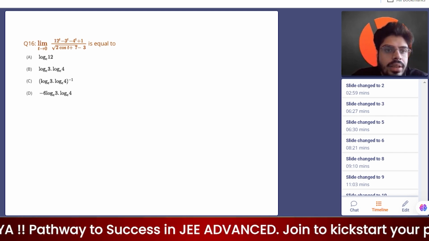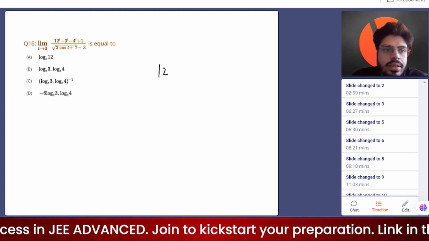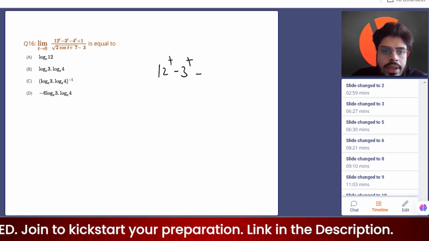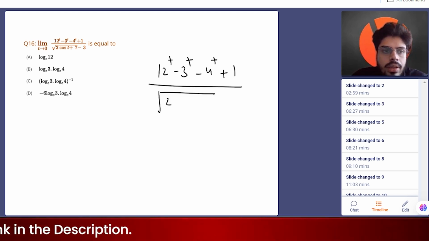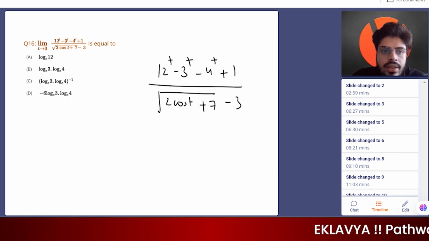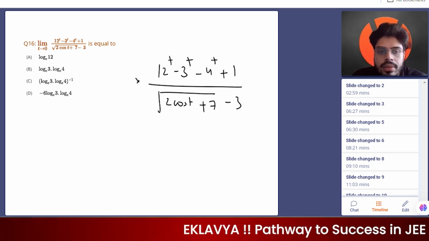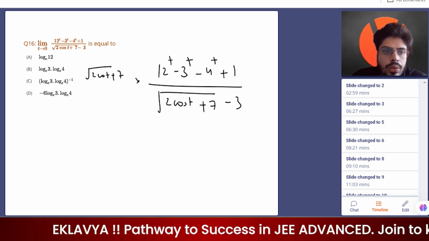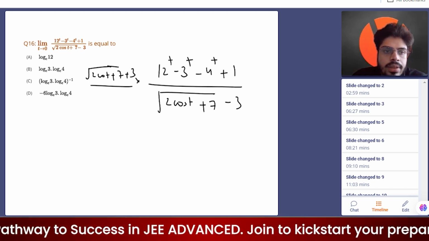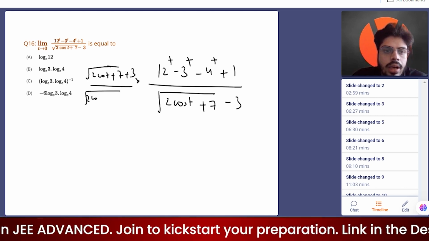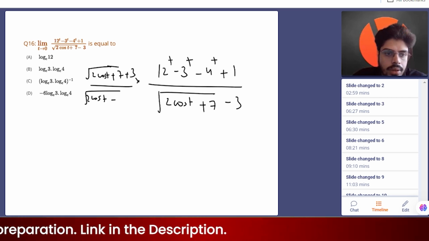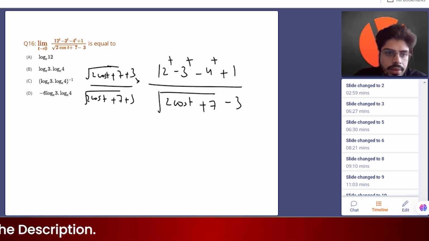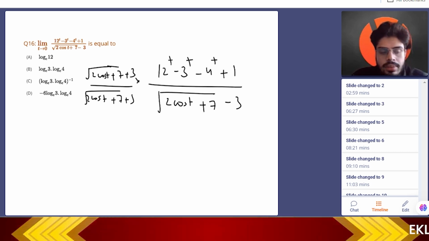So limit of 12 power t minus 3 power t minus 4 power t plus 1, over the square root term. I also want to rationalize this, so I will multiply with 2 cos t plus 7 plus 3 in the numerator and denominator.